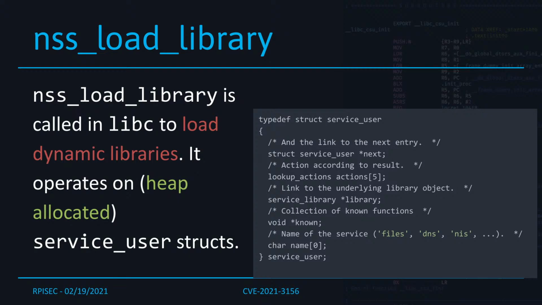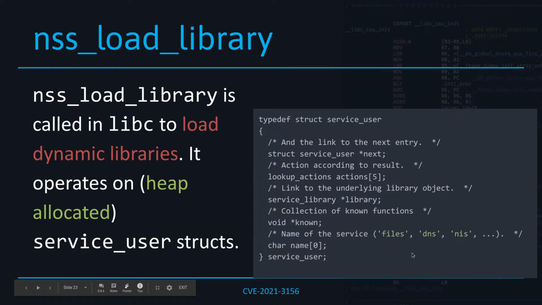And so that's a topic that we'll talk about more in a later heap talk, hopefully. But basically, all we need to know is that we have this controlled overflow, and we want to find a way to get into this NSS load library so that we can overwrite some of these interesting fields in this struct. We can overwrite effectively the data that defines what library we're trying to load.